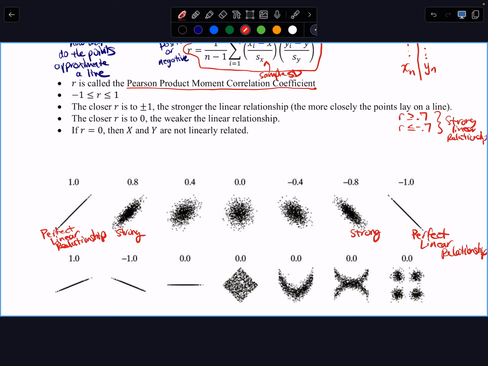One of them is in the positive direction. From left to right, you go up, and one of them is in the negative direction. So we can say strong positive and strong negative.